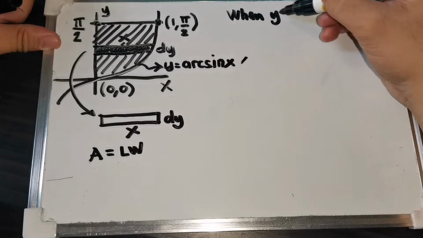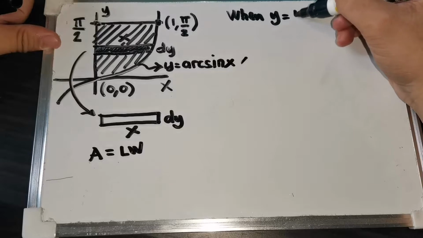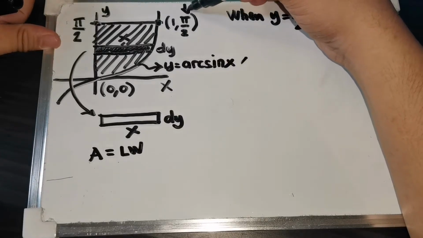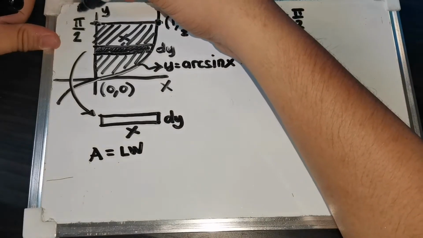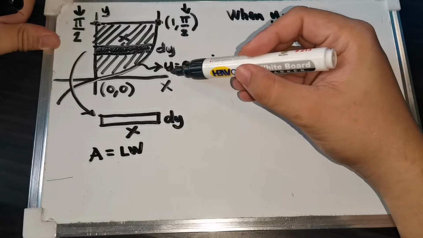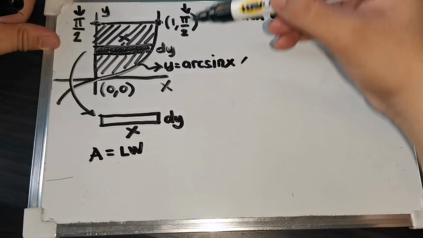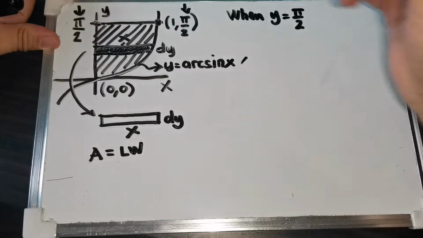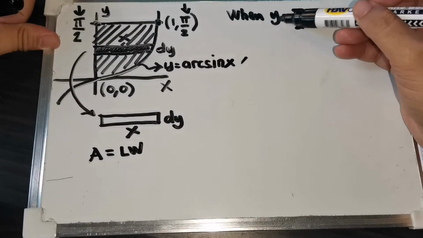When y is equal to π/2, we are considering this as the vertical distance of this point from the x-axis, so that will be your y.